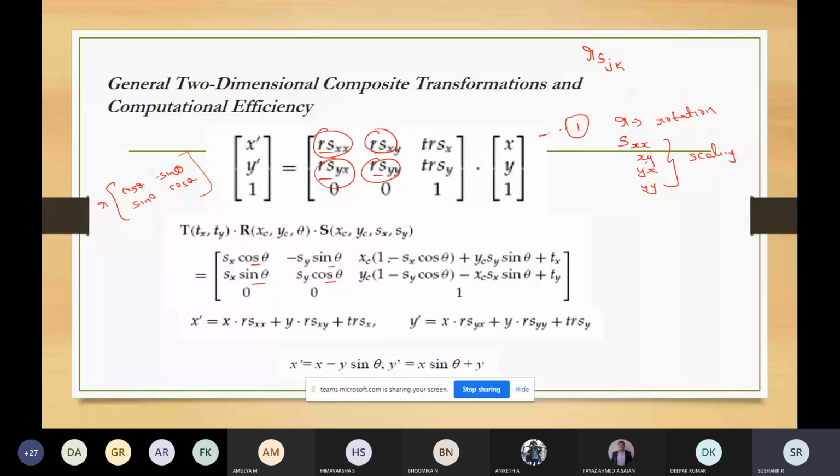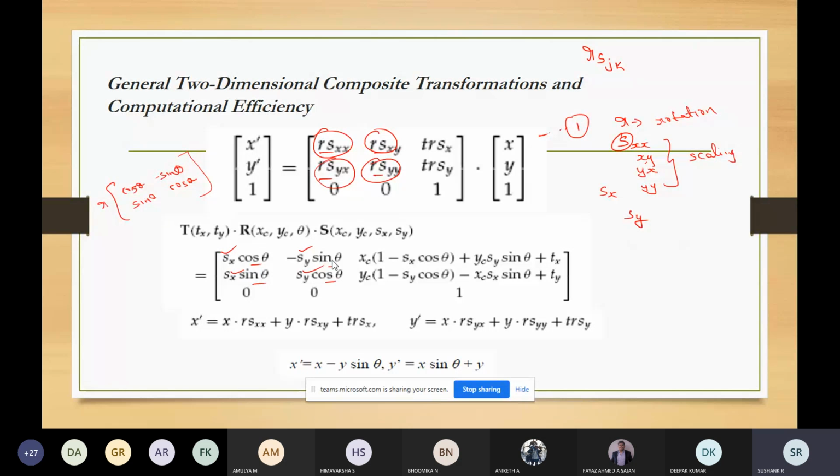And S consists of scaling along the x-axis and scaling along the y-axis. So the first four terms are the multiplicative rotation and scaling terms. R will perform only the rotation angle, and the remaining S will perform the scaling.